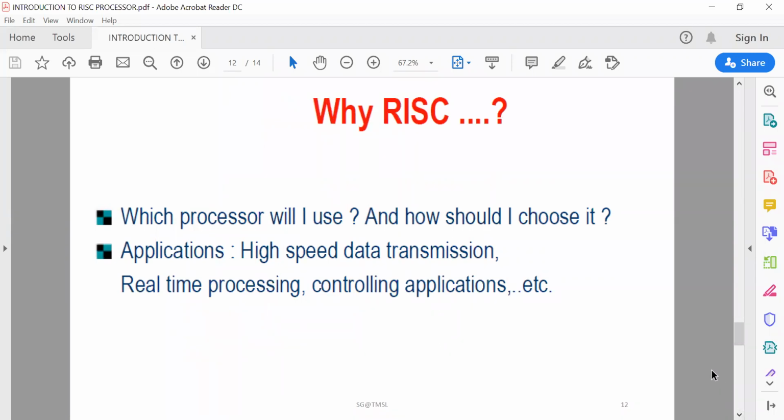So which processor will I use and how should I choose it? It depends on the applications and certain specifications, like high speed of data transmission, or whether real-time processing is to be controlled or not, or controlling certain specific applications. So based on this you need to choose which processor you need to use.